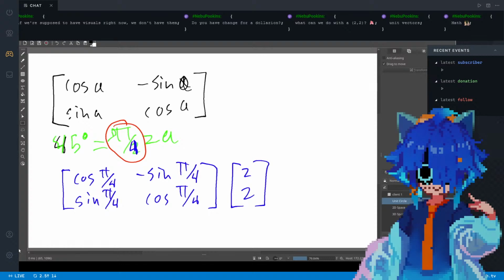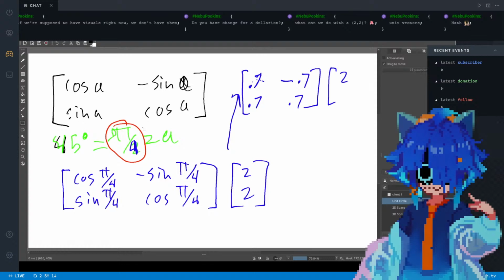So we have about 0.7, about negative 0.7, about 0.7, and then about 0.7.